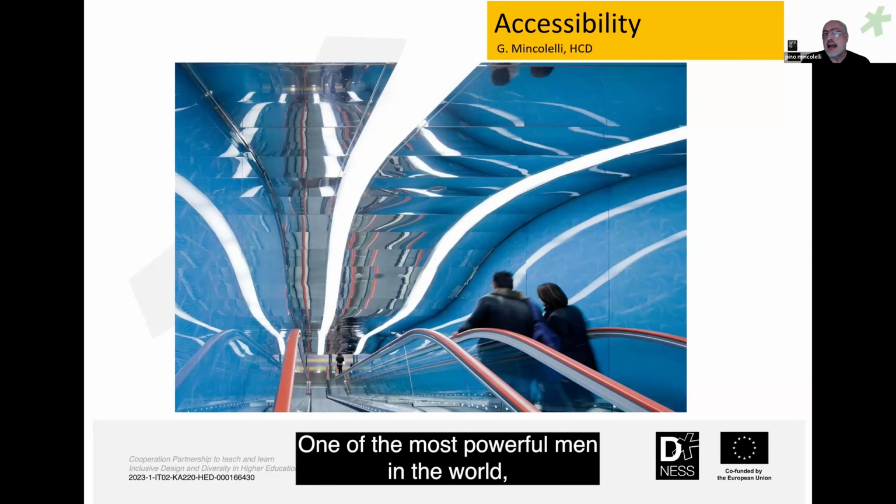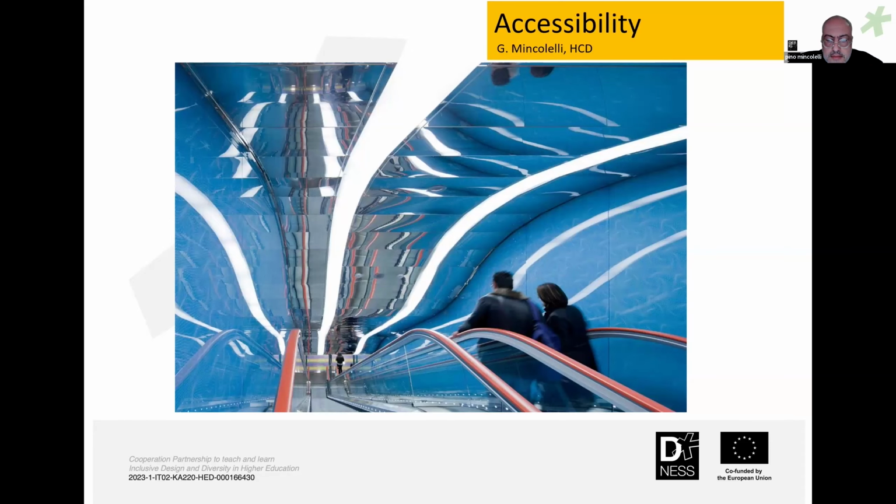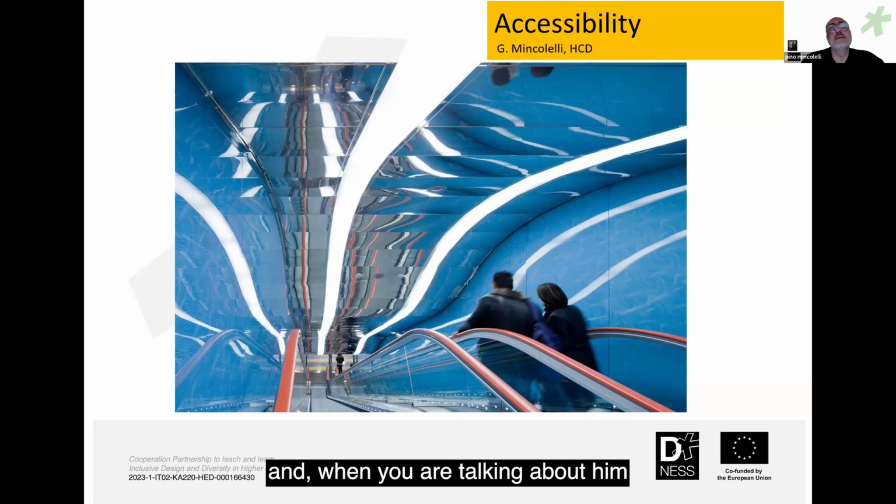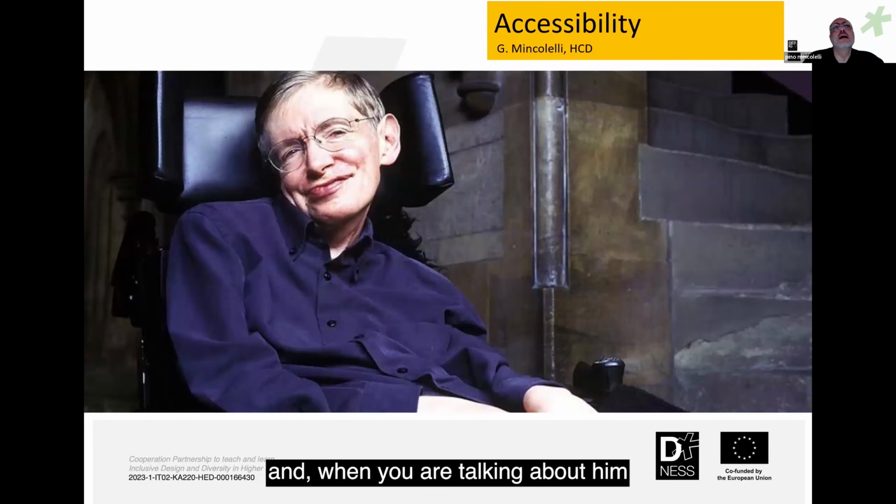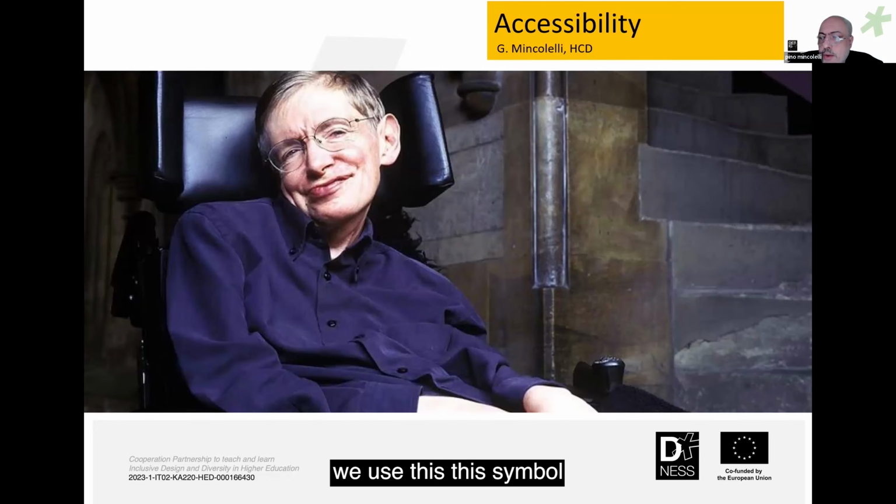When you are talking about disability from a design point of view, usually we use this symbol that does not explain in any way the complexity of the person and all the potential he has.